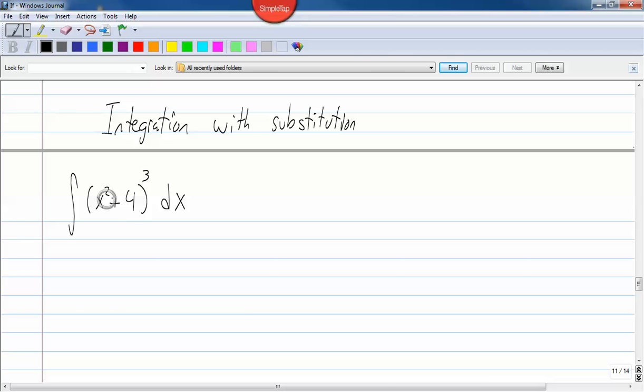If we tried to integrate this the same way that we would integrate, say, just x cubed, adding 1 to the power and dividing by the power would give me this right here. And so, if this is my answer, then that means when I take the derivative of this, I should get this over here, right?